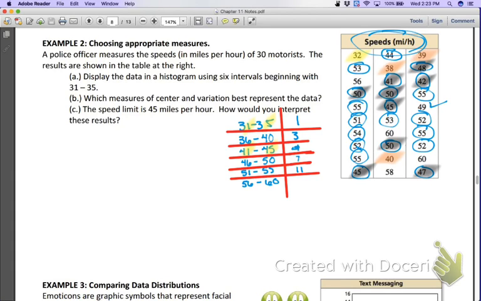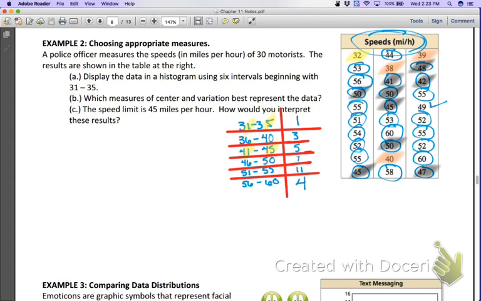That's why I've got multiple people looking. So that should be a 5? Yeah. There we go. And then 56 to 60. 1, 2, 3, 4.